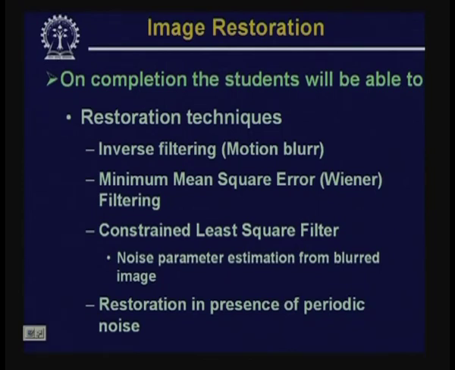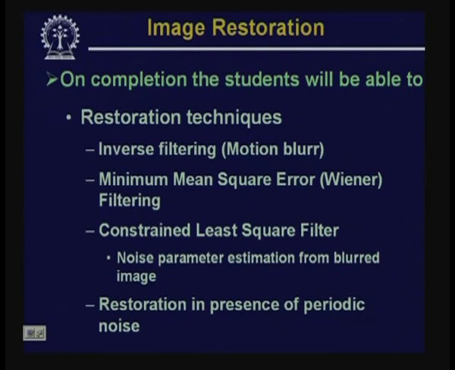We will also talk about another technique called constant least square filter, which mainly uses the mean and standard deviation of the noise which contaminates the degraded image. And then we will also talk about the restoration techniques where the noise present in the image is a periodic noise.